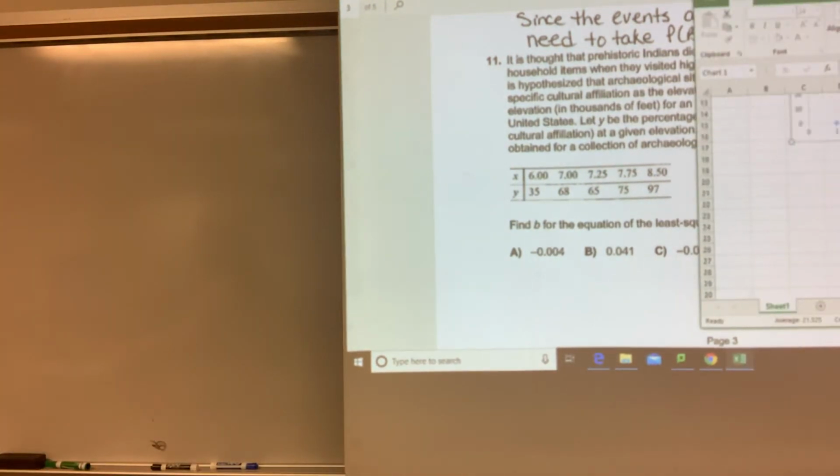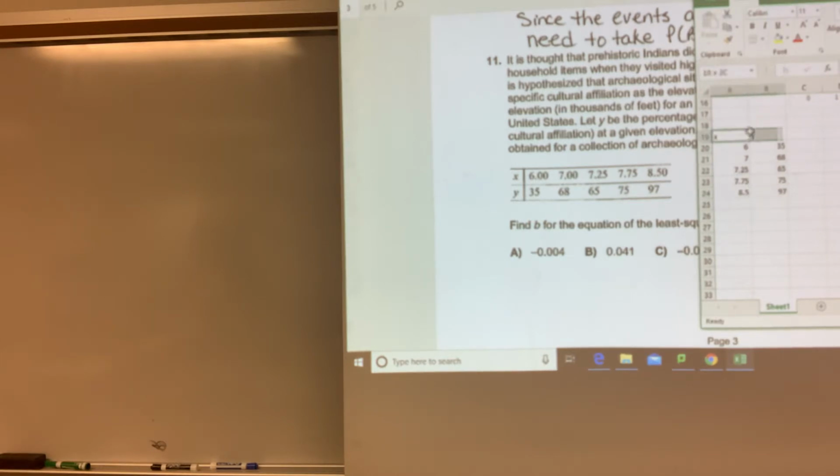I can also do it in my calculator. So let me put an X and a Y in. And again, remember, you can use your calculator, you can use Excel. If you don't have a graphing calculator and need to use a website called Desmos as your graphing calculator, that is fine as well.